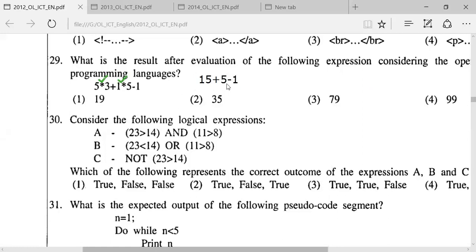So 15 plus 5, that is 20. 20 minus 1 is equal to 19. So your answer is the first answer option. That is question number 29.